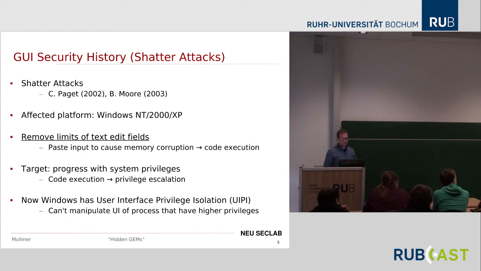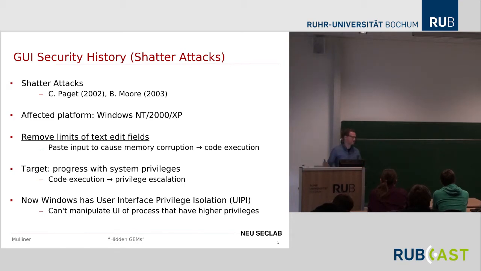And Microsoft changed their UI subsystem completely and introduced user interface privilege isolation, so that you cannot manipulate the UI anymore of processes that run with higher privileges. Basically, you can't send an IPC message to a process running with a higher privilege.